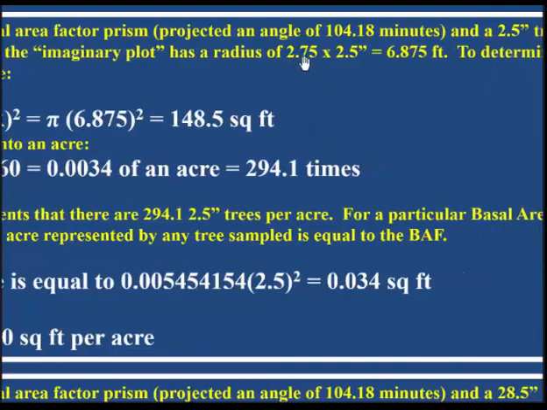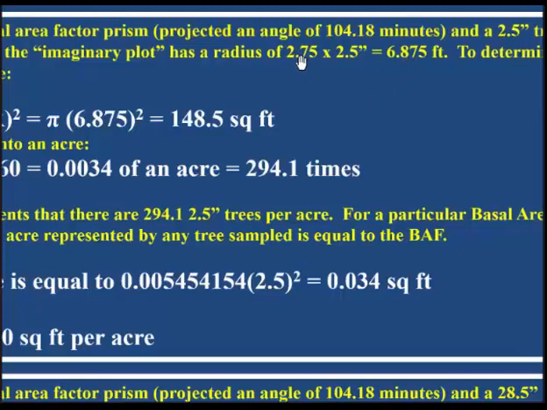It has a radius of 2.75, our plot radius factor, times 2.5 inches, which is 6.875 feet, the radius of that imaginary plot for that 2.5 inch tree. It can be 2.5 times 2.75 plot radius factors away, okay, and still be sampled.